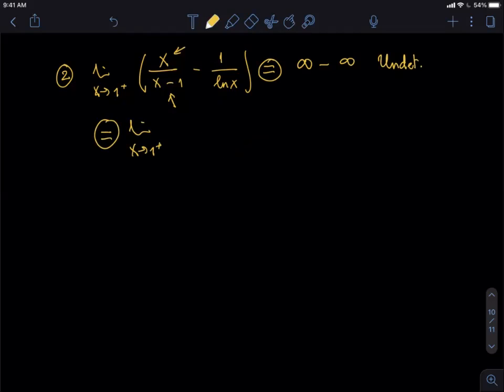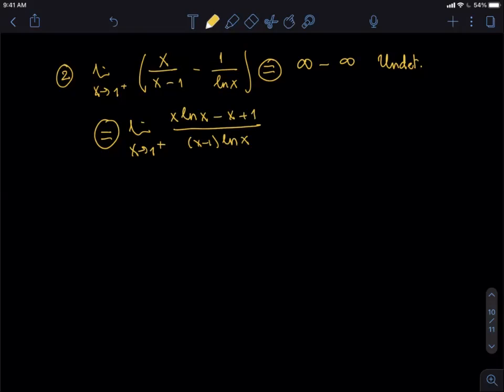Now, typically, when we have a difference of two fractions, the easiest is to compute the common denominator. Okay, so x logarithm of x minus x plus 1 divided by x minus 1 times logarithm of x.